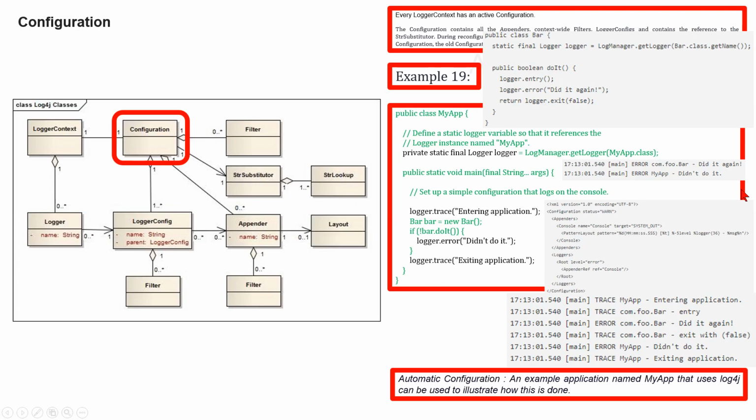This will cause logging output to go to the console. An example application named MyApp that uses Log4j can be used to illustrate how this is done. MyApp begins by importing Log4j related classes.